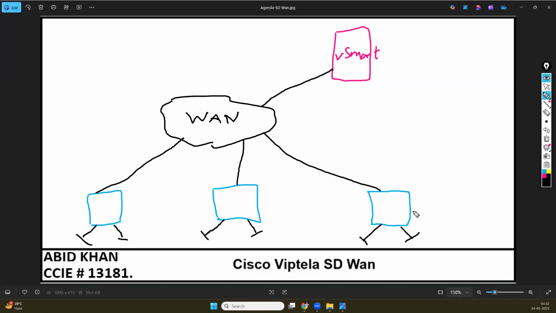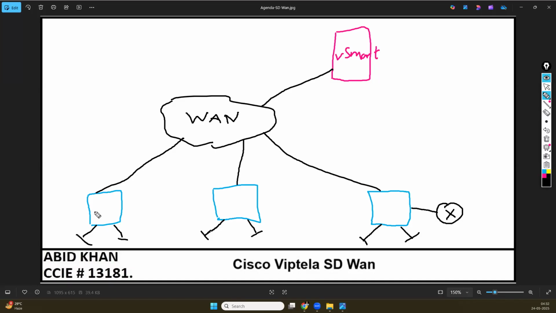They can have a traditional, non-SD-WAN network also. This WAN edge might be connected to a traditional router. Normally, we depict a traditional router like this circle with an X cross inside, whereas WAN edges are depicted as square boxes.